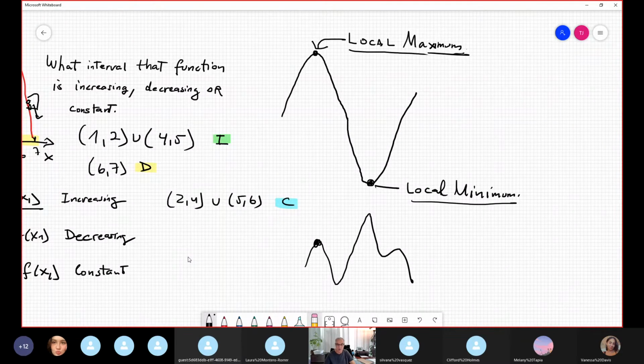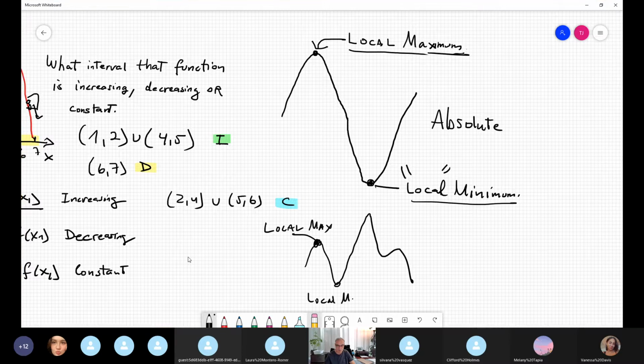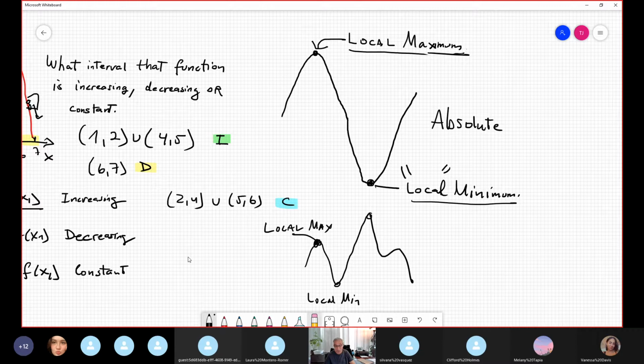I try to explain the reason it is local and not absolute. Absolute is the maximum y. For example, this is local max, this is local min. This guy maybe, I need to analyze the entire domain, is absolute max. And suppose this goes down more, this is the absolute min, of course supposing that the domain starts here and stops here.